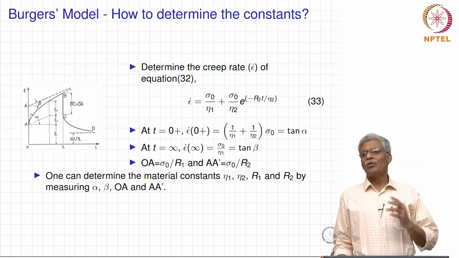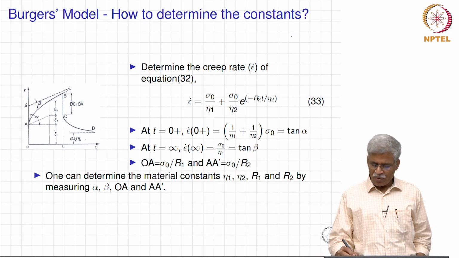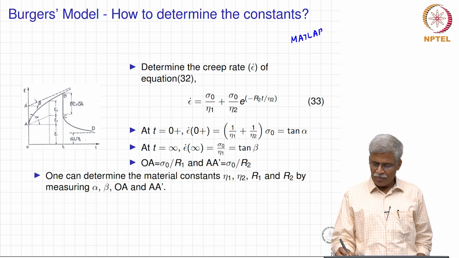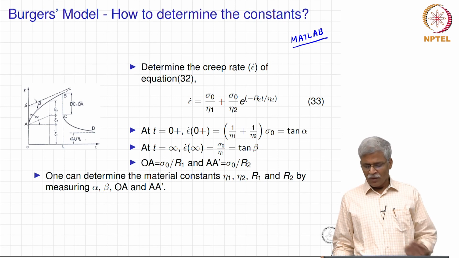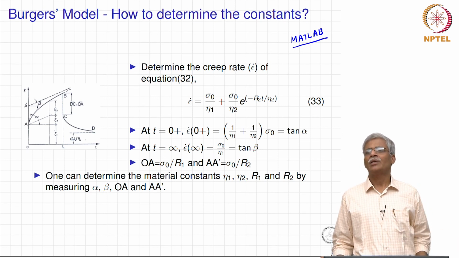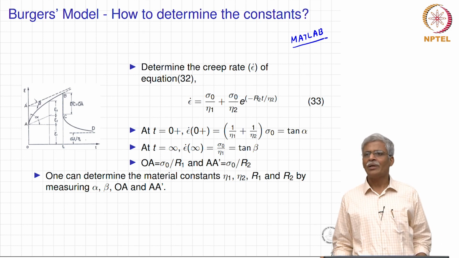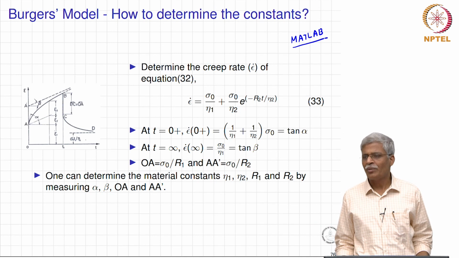There are many ways of determining the material parameters. These days, if you are familiar with MATLAB, in fact, you will be doing some exercises on experimental data with MATLAB. So, you will be able to notice that one can actually find out the material parameters by writing it within the constraint of optimization.